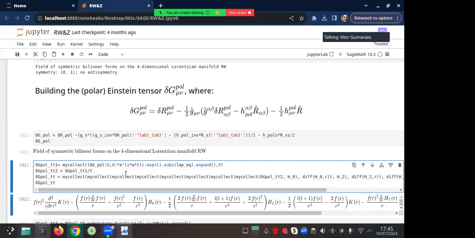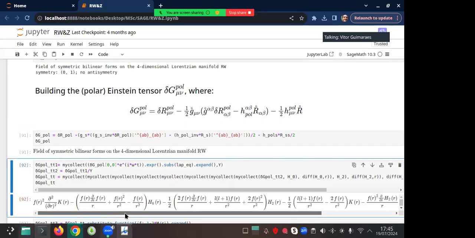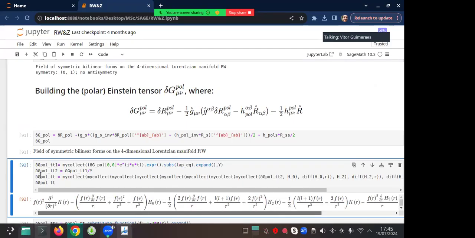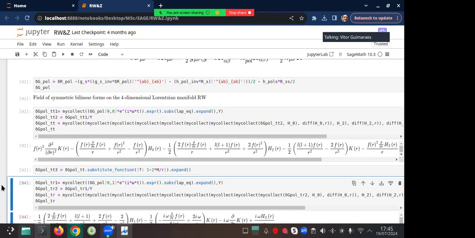And then I need to obtain the equations for K, H0, H1, and H2. So this here is one, which is basically the component TT, 0, 0, of the polar part.